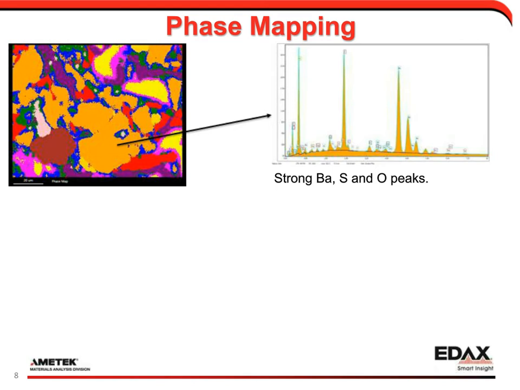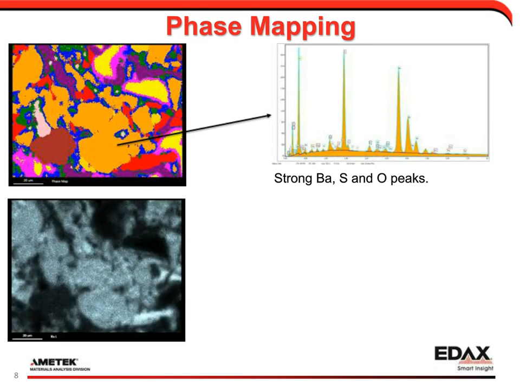And all the yellow pixels or gold-colored pixels that we have assigned over here will have similar characteristics. If we look at the barium map, we can see that there's a good correlation between the gold-colored phase and the barium map, but it's not complete. There are some areas where we have barium that's not in the gold-colored phase.